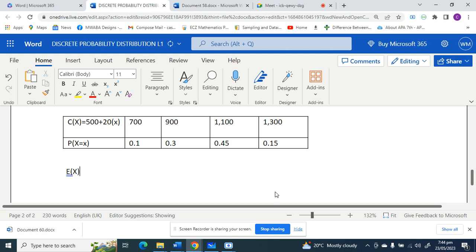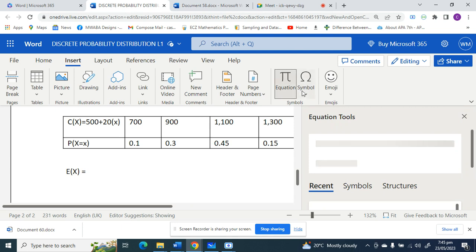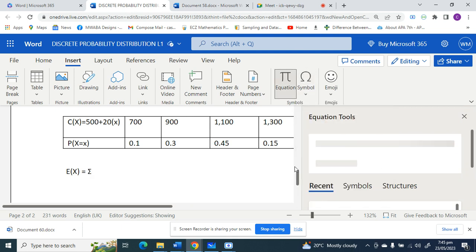So the expected value, E(X), we're going to insert the summation of random variable multiplied by its probability.